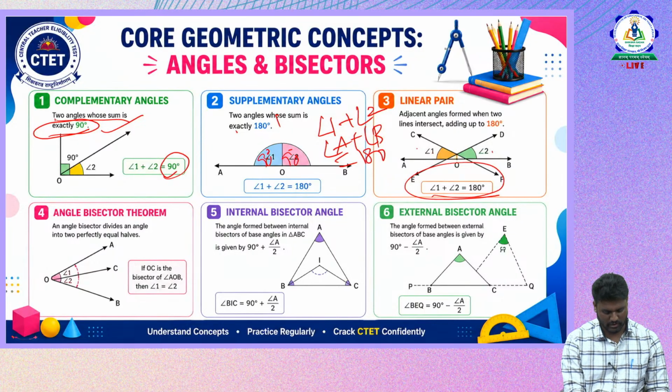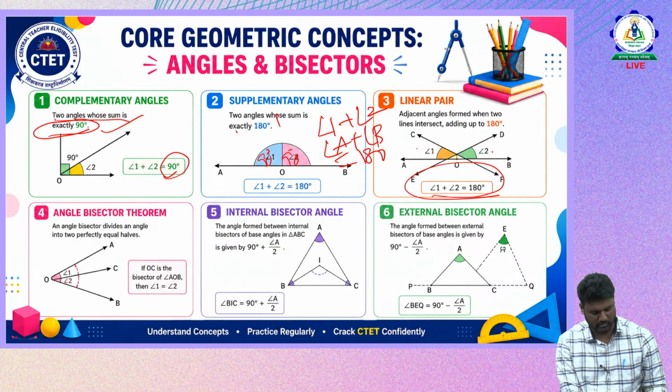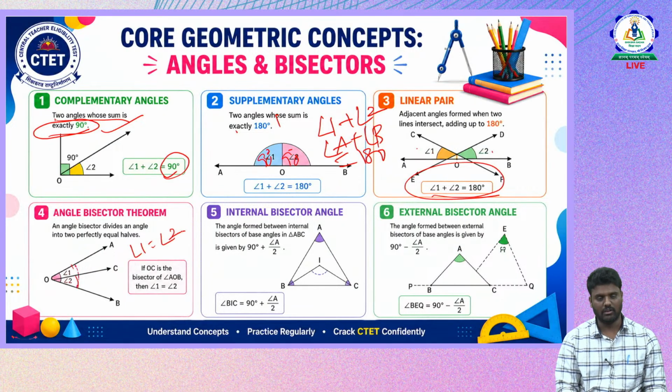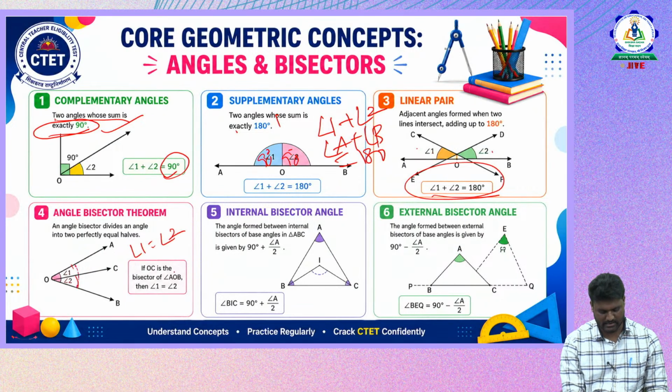So when another line bisects it, it forms two equal halves, and angle 1 is equal to angle 2. If OC is the bisector of angle AOB, then we say that angle 1 is equal to angle 2.